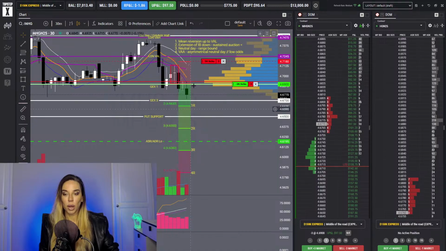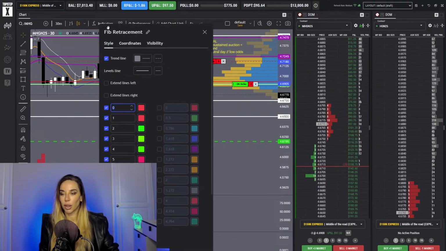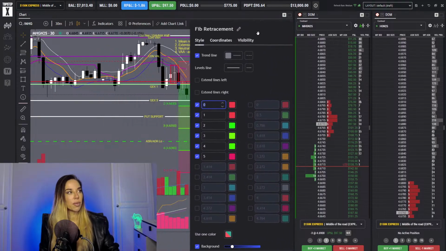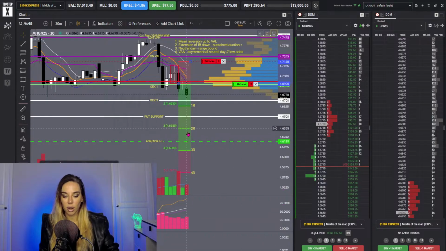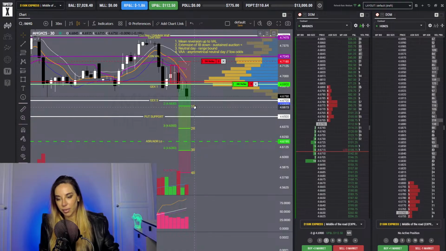When it comes to this one, this is literally just a bastardized fib tool. So if I go into it, it says fib retracement, and all I've done is just made this. But the text you see next to it on 1R, 2R, 3R, that's literally just a text. I created these. They're my creations.